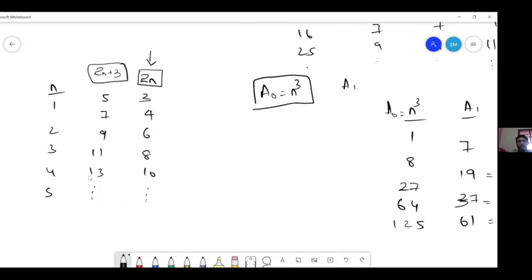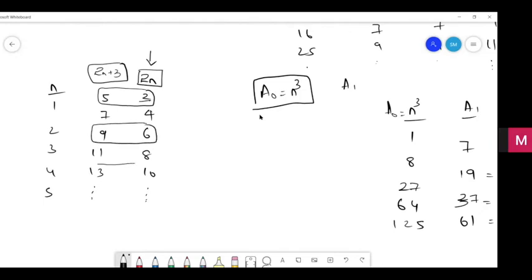What observations can you make between these two sequences? If I have to go from the right one to the left one, what can I do? Add 3. 2 plus 3, 5, 4 plus 3, 7, 6 plus 3. So if I pick any row, then the difference is always 3.